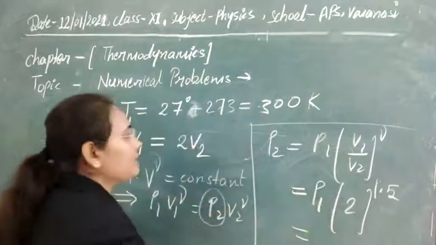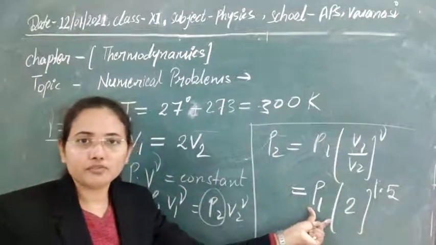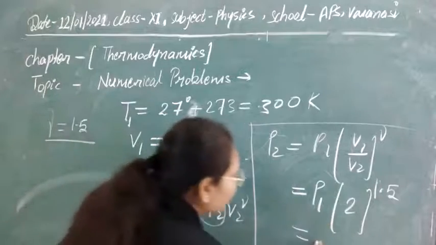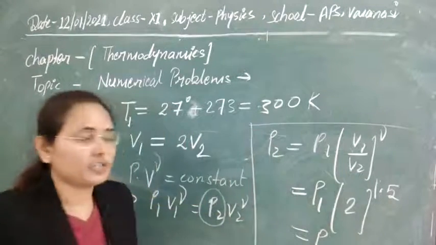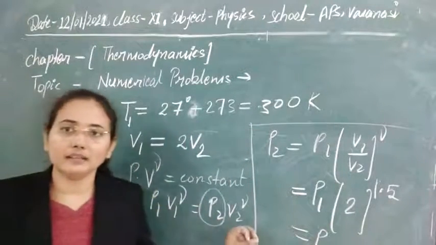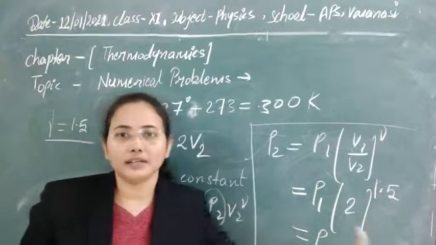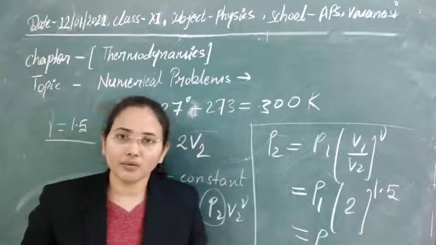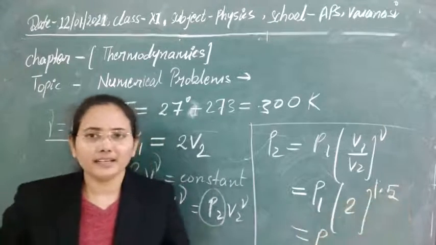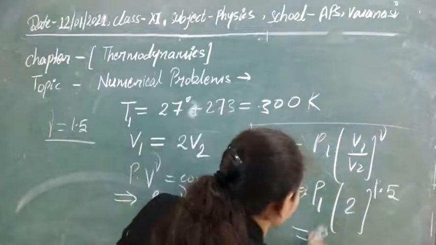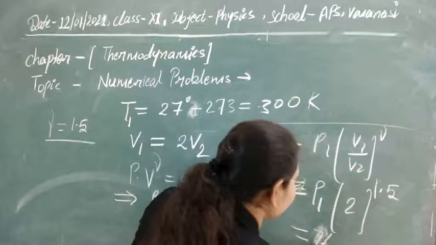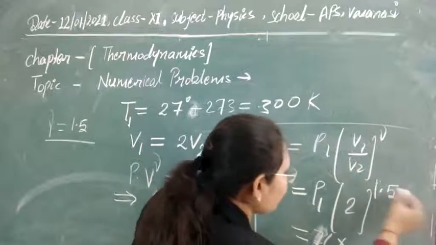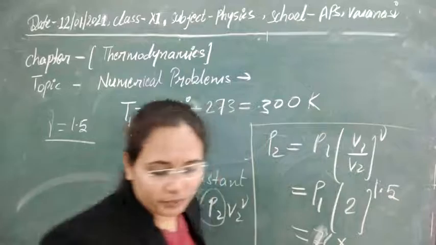Now the value of pressure is equal to atmospheric pressure, which you know is 76 centimeter of mercury. So let's use it directly: 76 into 2 power 1.5.